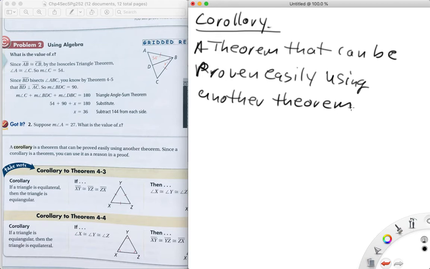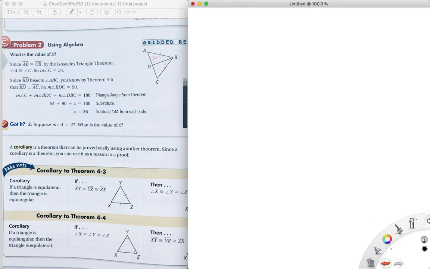Corollary. So for the corollary to theorems 4.3 and 4.4, so that's the corollary to the isosceles triangle theorem and the corollary to the isosceles triangle converse, we can get something to do with equilateral triangles.